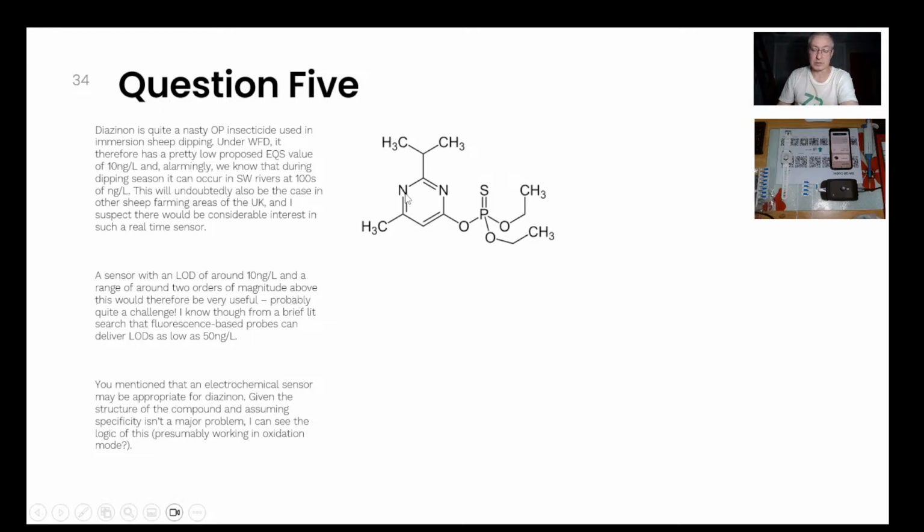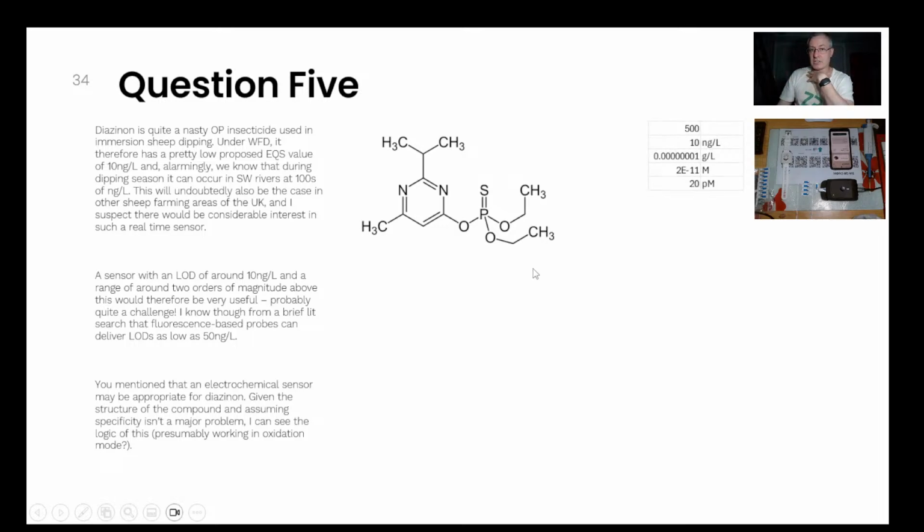Heteroatoms are often nitrogen, oxygen, sulfurs, phosphates. So we've got an aromatic ring, and actually the heteroatoms are also in the ring as well. We've got some phosphate groups here. Then this is giving me clues that this is probably intrinsically electrochemically active.